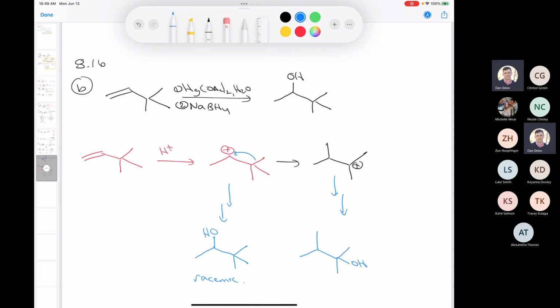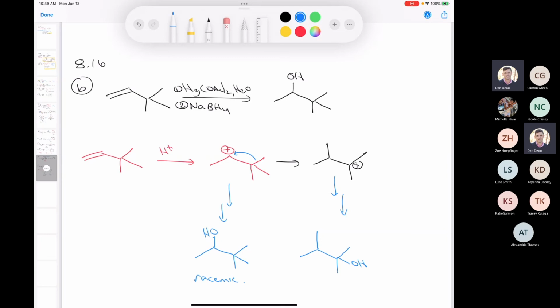So oxymercuration is very useful. Now, one thing that I will caution you on is if I give you a question on a quiz where you have a carbocation that won't rearrange and you want to add water in a Markovnikov fashion, I would use a catalytic amount of acid and water. The only time I would use oxymercuration-demercuration is if you're in a situation where the carbocation can rearrange.